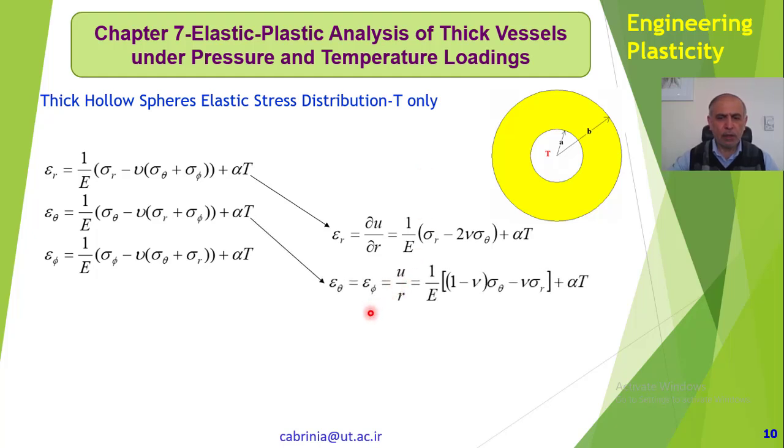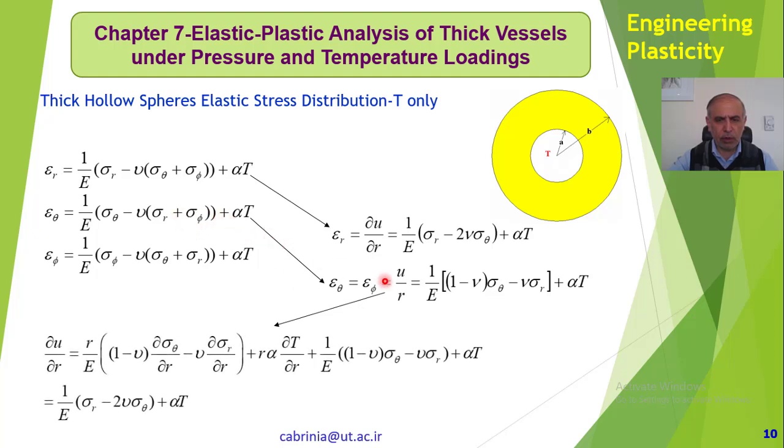And similarly for other equations. For this equation, for instance, we get this, and for this one as well. Epsilon theta equal to epsilon phi, U divided by R equal to that one. Here again, phi and theta are equal, sigma theta, sigma phi are equal, so we write it like that.